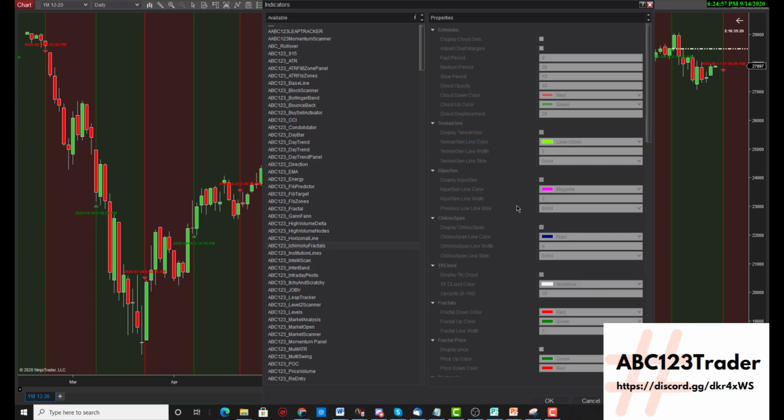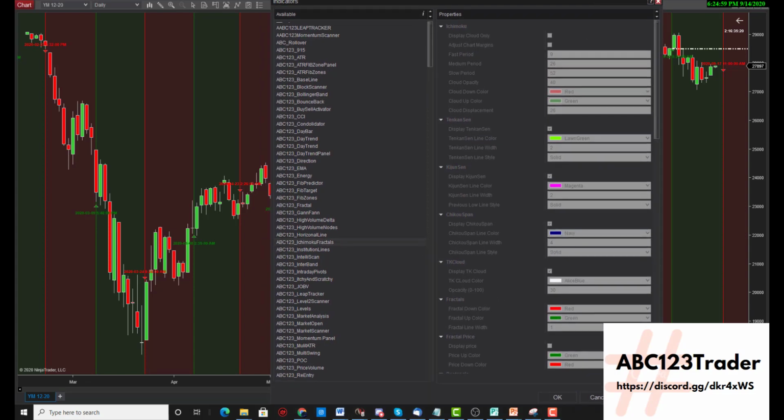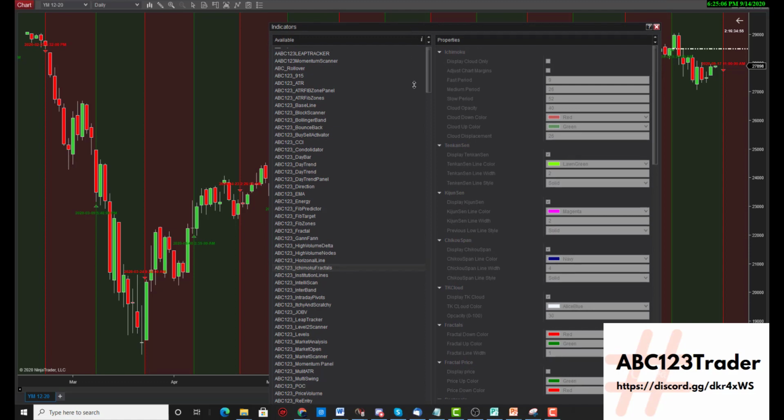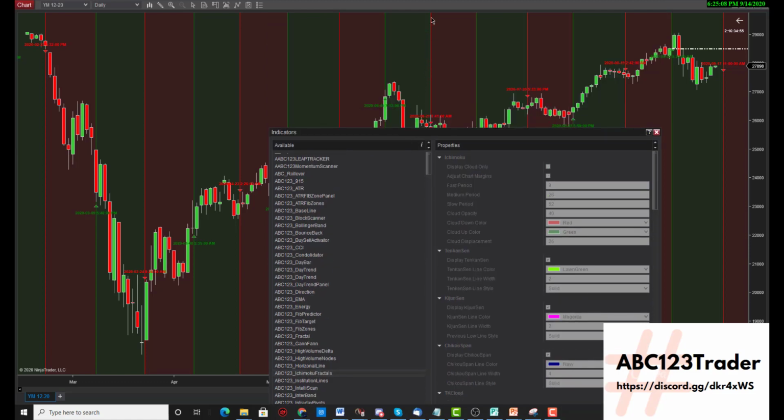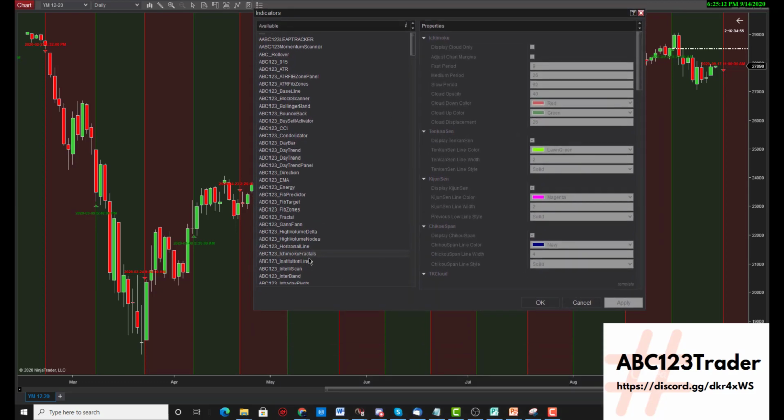I'm going to add the Ichimoku. Let me just add this. Oh yeah, let me shrink the screen a little bit so I can actually add it. Okay.